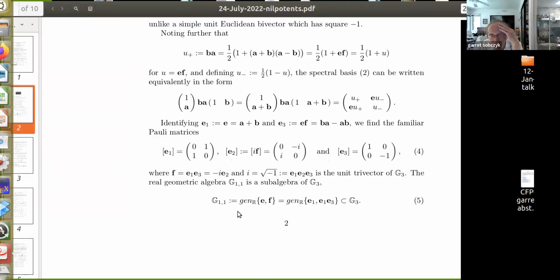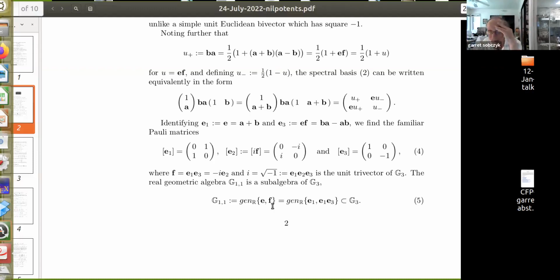So in other words, what I call a vector and a bivector is really pretty arbitrary. What's a vector in G11 is the bivector E1 times E3 in G3. It's a matter of thinking about it.